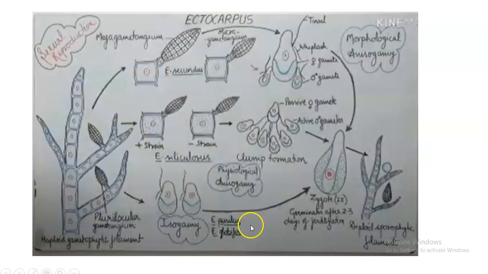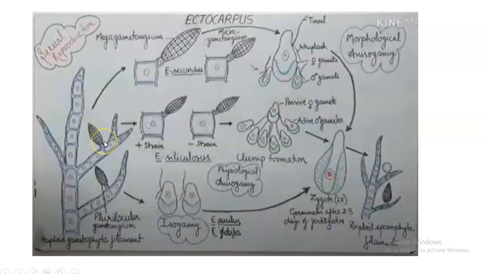In the species called Ectocarpus pusillus, we can see that both the fusing gametes are similar morphologically and in size, and physiologically both are similar.